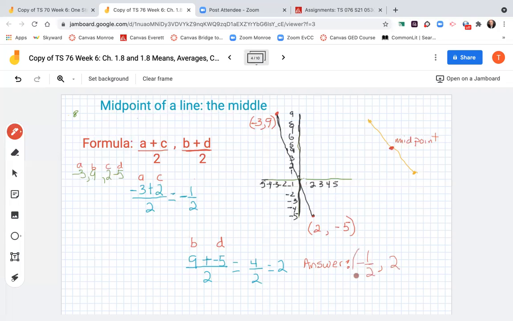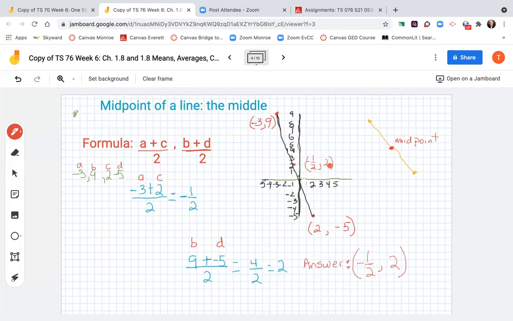Those are the coordinates of the midpoint. Around here, it's about right here on my graph. So if I wrote it here, -1/2, comma 2.